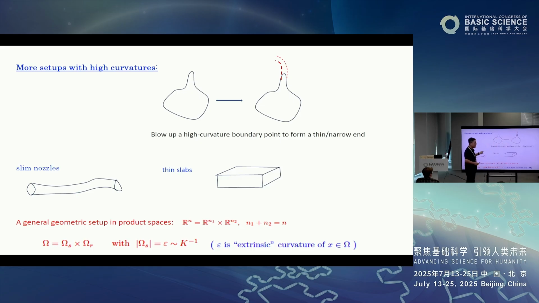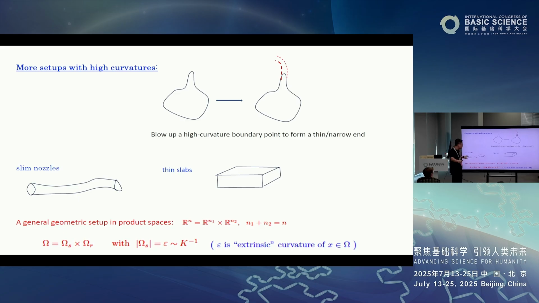Actually, in the three-dimensional case, I give two simple illustrations. We got a sleeve nozzle, or this same slab. That opening size is related to the mean curvature in this form, k to the minus 1. This is only a three-dimensional illustration.